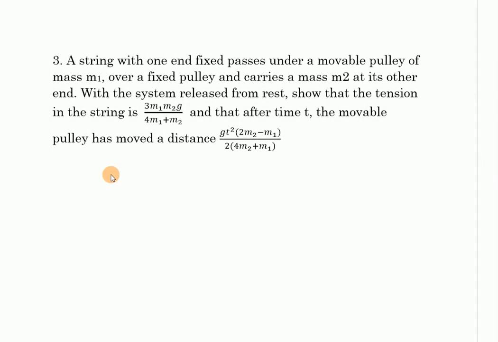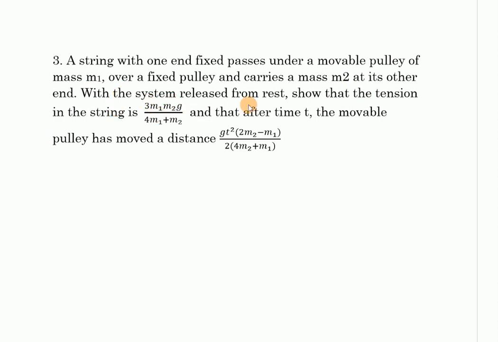Let's look at this example. They are saying that a string with one end fixed passes under a movable pulley of mass M1, over a fixed pulley, and carries a mass M2 at its other end.